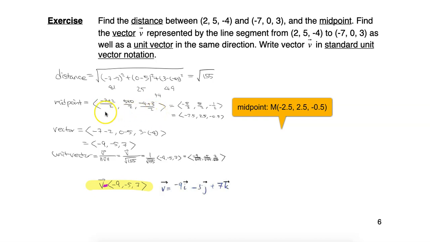You don't even need to write that. You may just be able to look at the points and see what the midpoint coordinates are. In order to find a unit vector, we'll just write what the vector is, and then we divide by its magnitude. Here's the answer.